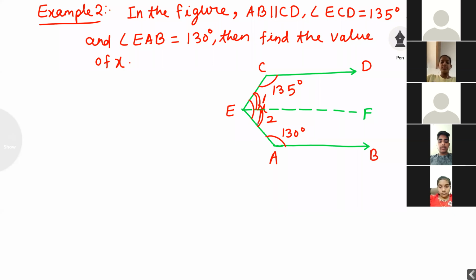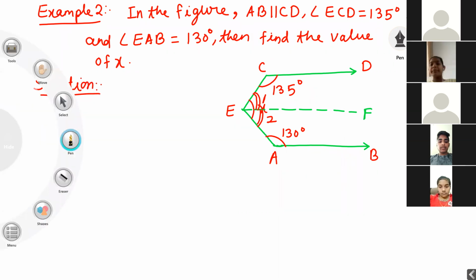Now students, you are observing one thing: angle 1 plus 135 is equal to 180 degree. Why? Co-interior angle, bracket shape. This was the concept. Small concept was there in this question.